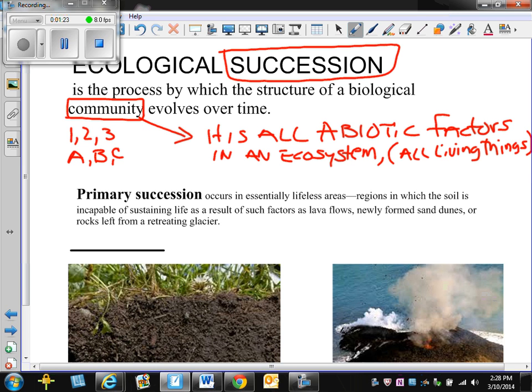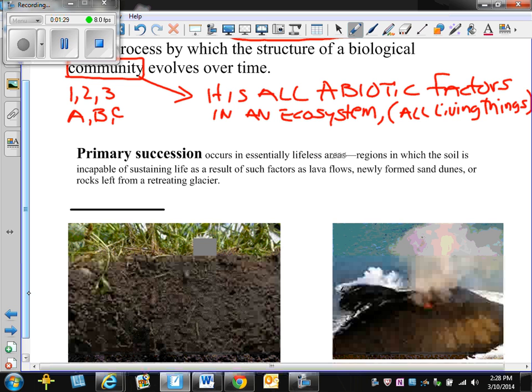The plants, the insects, the birds, the mammals, the reptiles, all of those make up the community.